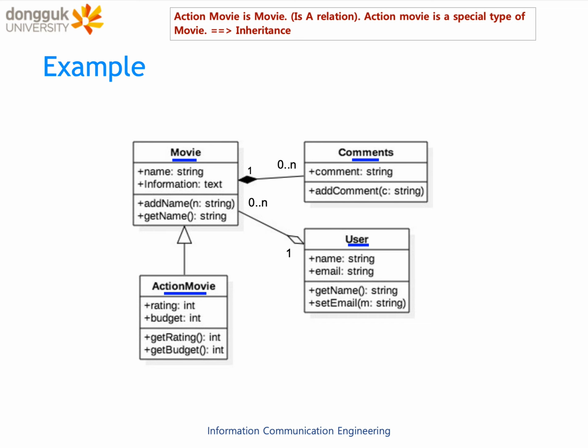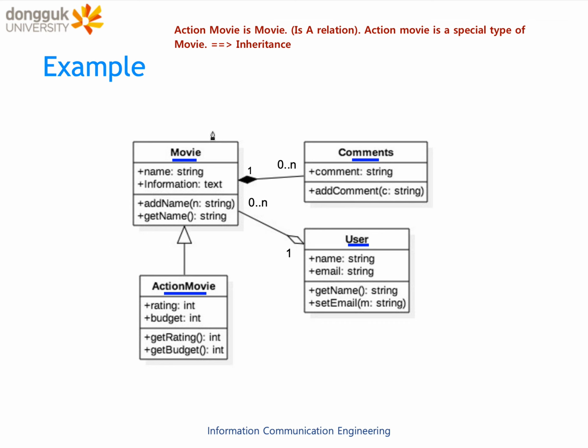Okay, so because there is inheritance, we use this kind of arrow between two classes, movie and action movie here. There's an arrow with an empty head. Okay, an empty head arrow. So this is inheritance.